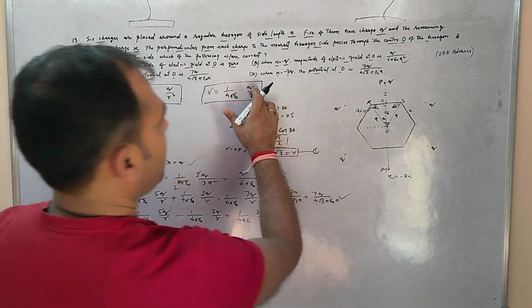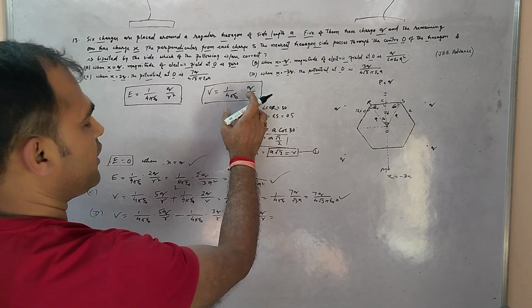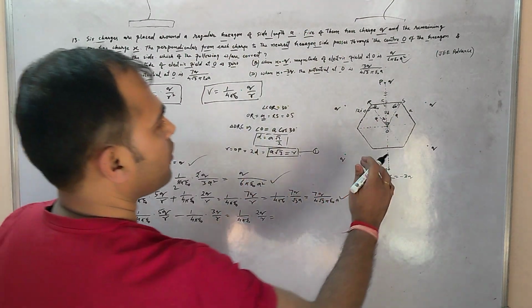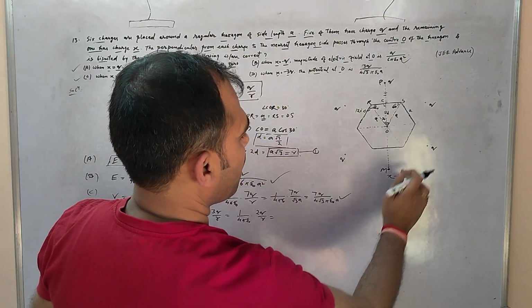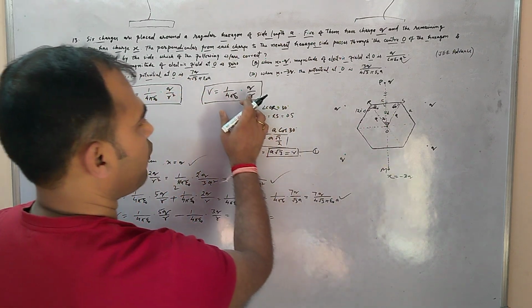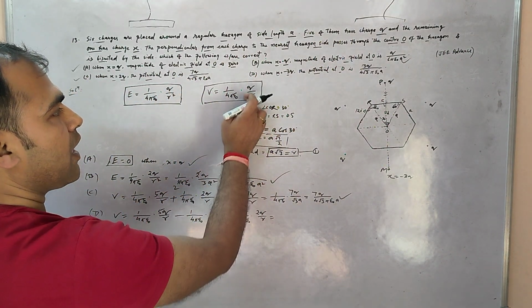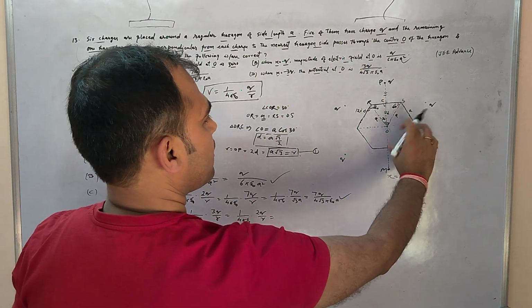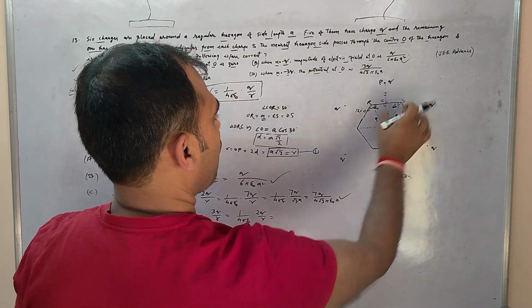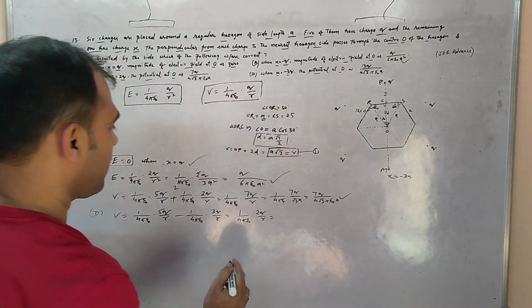Here you can directly put the value of q is equal to 2q. How? 5q minus 3q will be equal to 2q, as r is equidistant from everywhere.